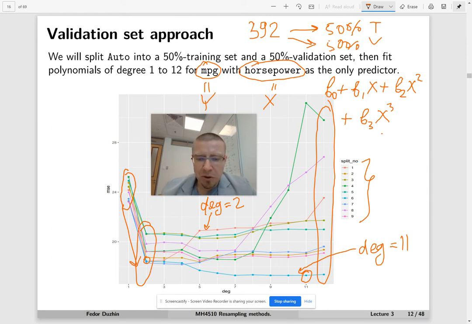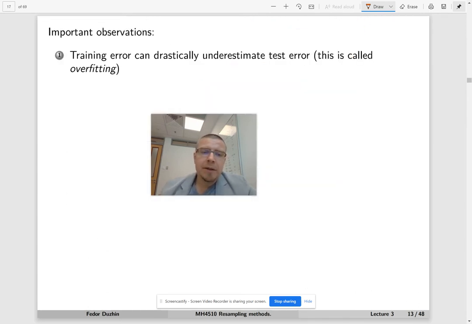To be honest, it's not very clear, but at least this whole part of the curve between 7 and 12 seems to produce more or less constant errors. Which means that if we did this split into training and validation set only once, and if this were our experiment, then we wouldn't really know what to do. Which is why this validation set approach is not really very good. At least doing it once is not very good.